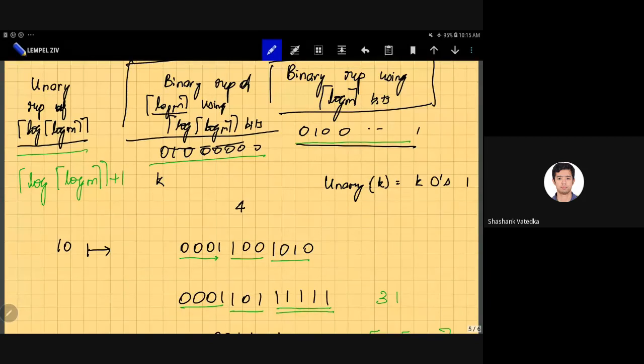So the total number of bits that are needed to encode this is log m plus 2 times log m plus 1 bits. Right? Any questions?